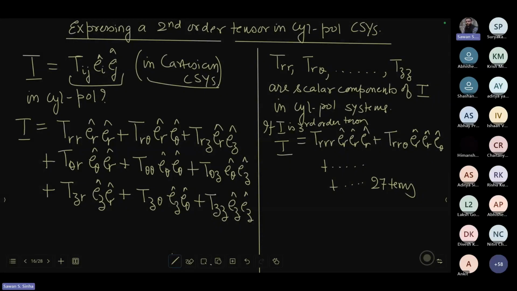Later in the evening or tomorrow morning, when you pay attention to my tutorial set, the problem set, you will find that most problems are related to cylindrical polar coordinate system, and most problems are also related to the Nabla operator, and I am asking you to express divergence, advection, gradient of tensors in cylindrical polar coordinate system.